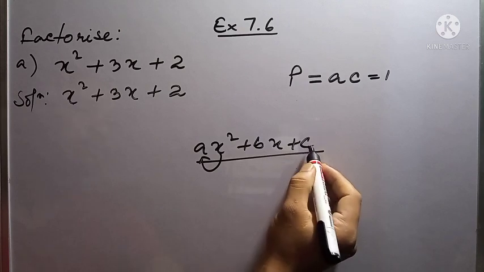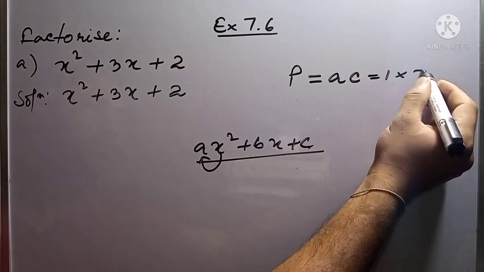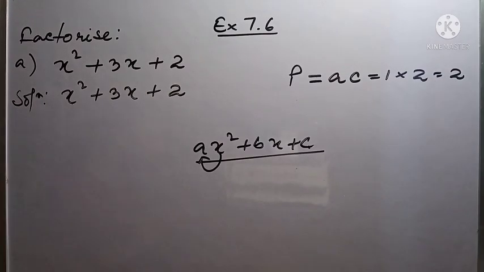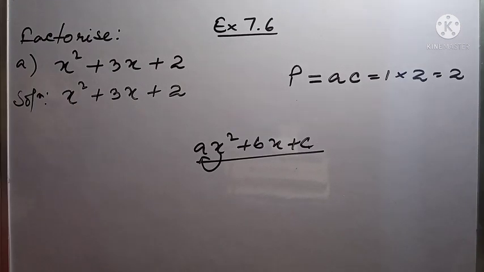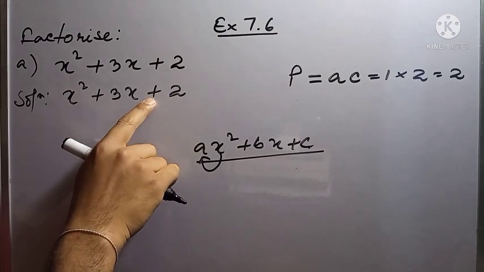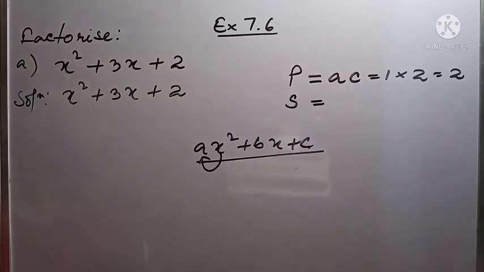What is the constant term here? It's 2. So 1 into 2 is 2. Next, what is the sign of the constant term? Here the sign of the constant term is plus. So let me write here S. S stands for sum.